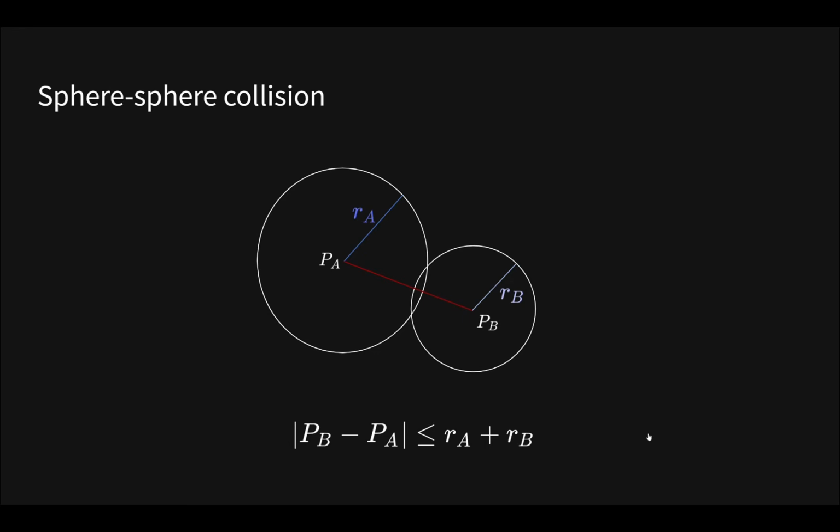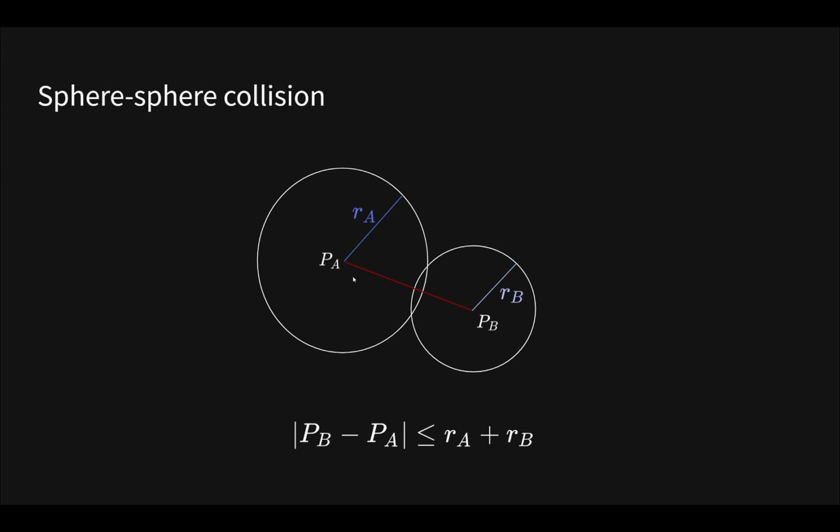Here we have two spheres, and I have defined a few variables. PA and PB are the centers of mass of the two shapes. Then we have two radii: the radius of shape A and the radius of shape B. I've marked this red line to be the distance between the centers of the two spheres.